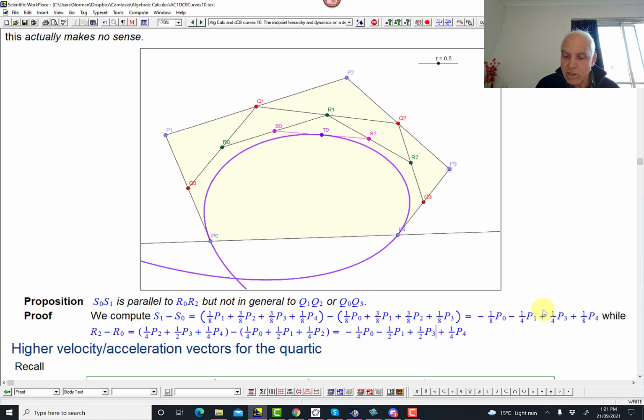What's the relationship between this one and this one? There's a quarter, half, half, a quarter; 1/8, 1/4, 1/4. So this looks like it is equal to 2 times what we just calculated, which was S1 minus S0.